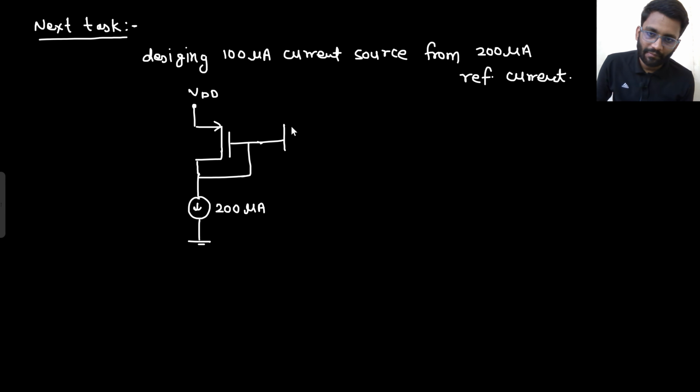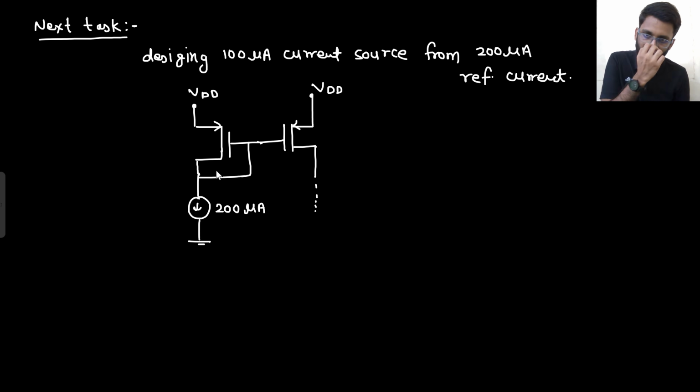And then one more PMOS will be there. Source should be at higher potential. And here there will be some circuitry that we have already seen. So this is the 200 microampere current which is flowing in this MOS as well.